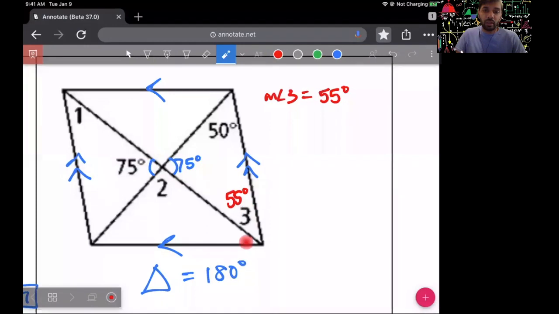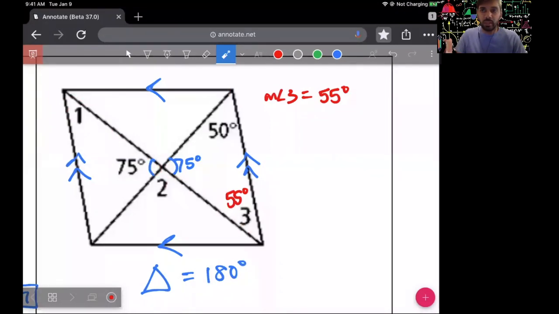Now if I look at the other two angles, I have angle 1 and angle 2. Now notice that this was also 75 degrees here. Using the properties of parallel lines, since I have this transversal going through here, thinking about if I had this parallel line and this parallel line, I have a transversal going through here. I also have another transversal going through here.